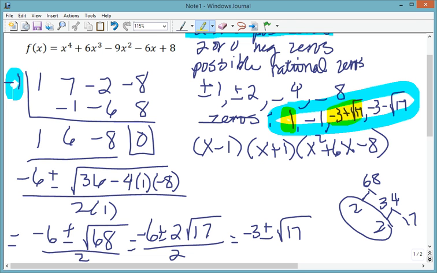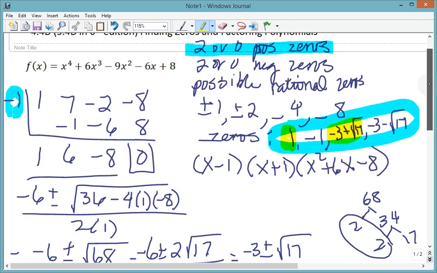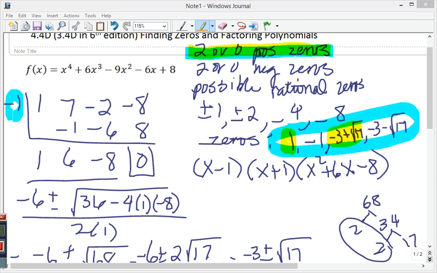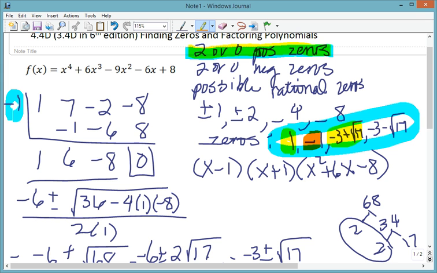So I have 2 positives, just like I said I would, 2 positives, right? And negative 1 is negative, and negative 3 minus, and more, minus negative, more negative, that's negative. So I have 2 or 0 negative zeros. Okay, so that is where it fits in with Descartes' rule of signs.